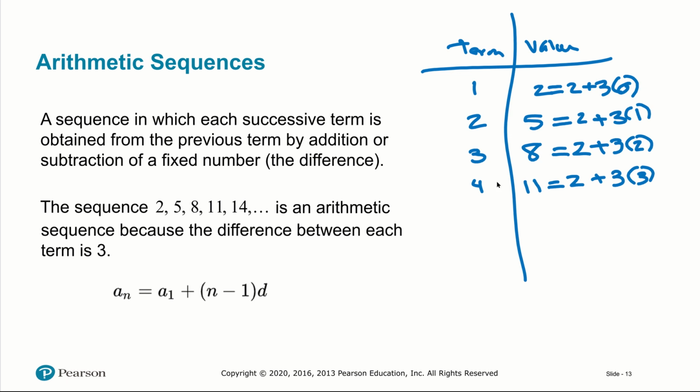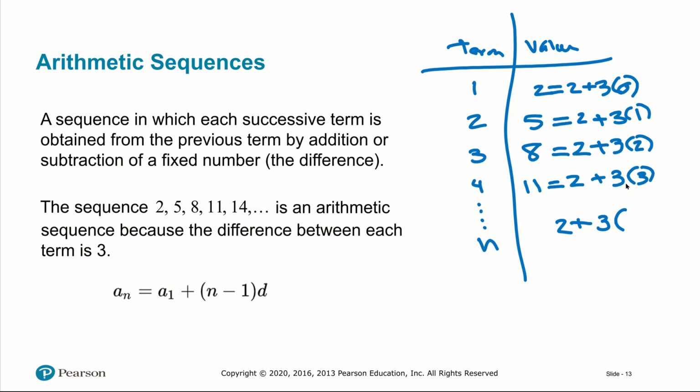By doing this, we help ourselves find the general term of this sequence, which we usually refer to as the nth term. We notice that all the terms start with 2, and we're going to be multiplying 3 by some number which is hopefully related to the term number, right?